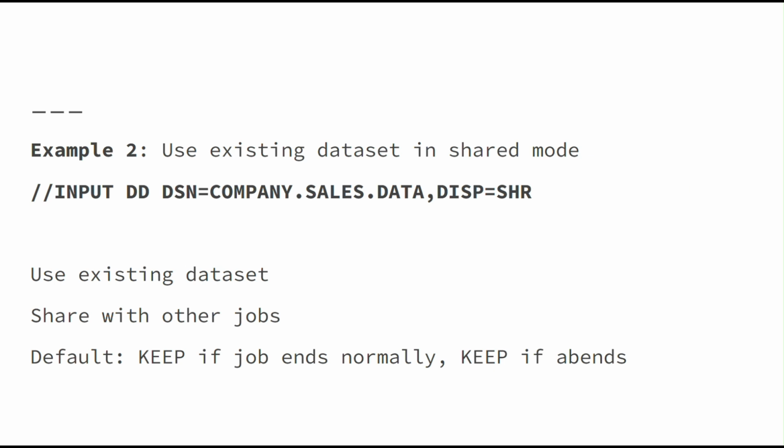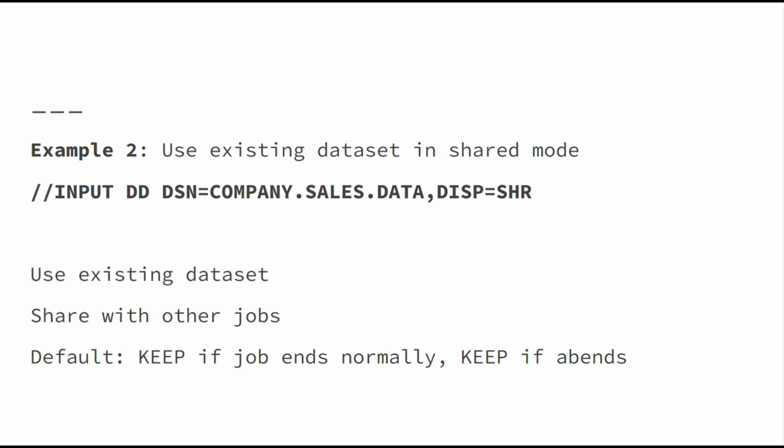Example 2: use an existing dataset in shared mode. Here the DSN name is the same, and in the DISP position we are giving SHR, which means the dataset already exists in the system and we are allowing it in shared mode.